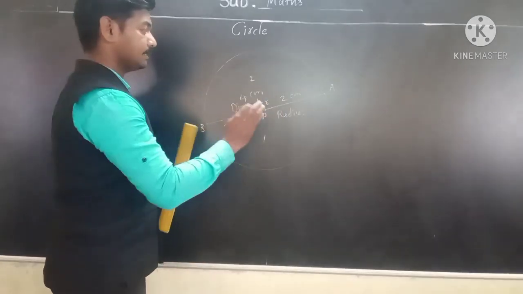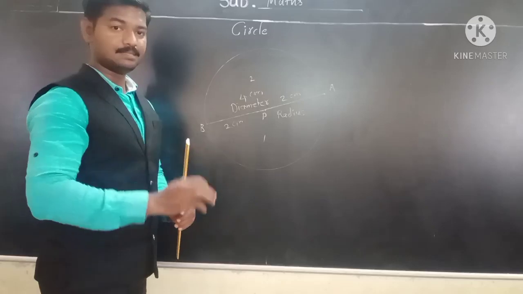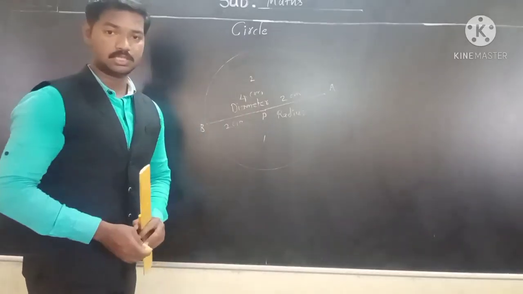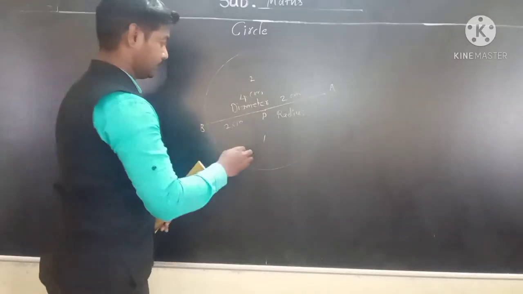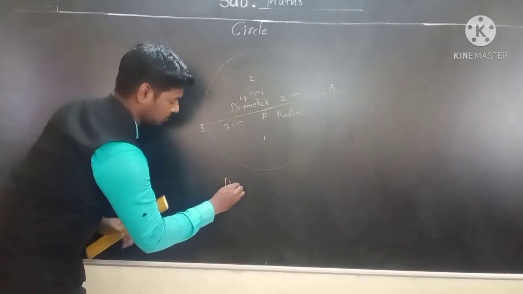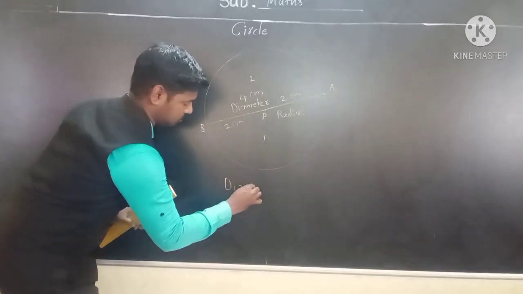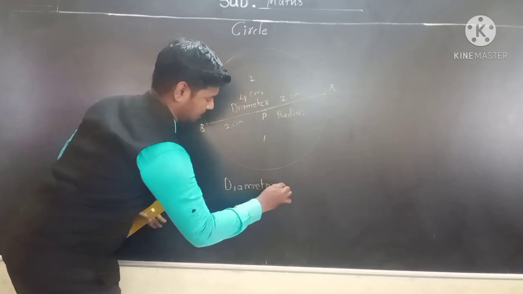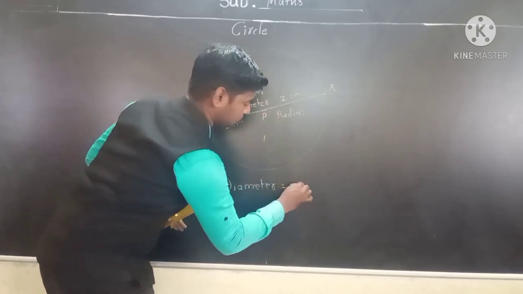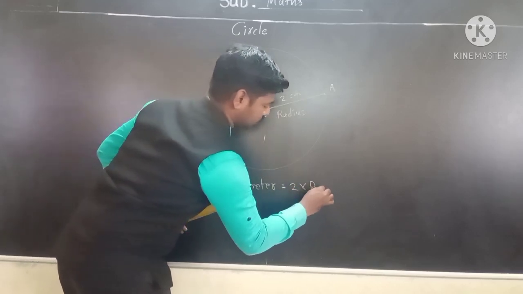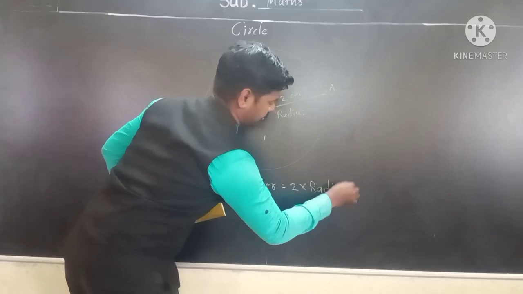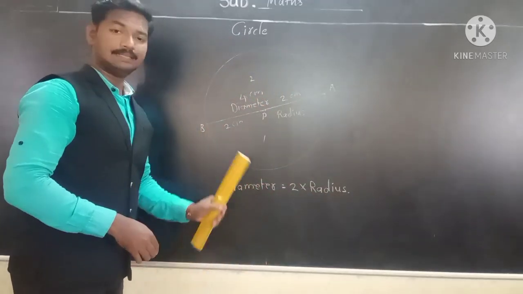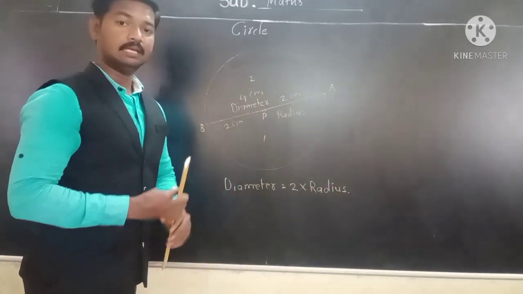And you will see diameter always passes through the center of a circle. Okay, now here diameter is equal to 2 multiplied by radius. Diameter is always double of a radius.